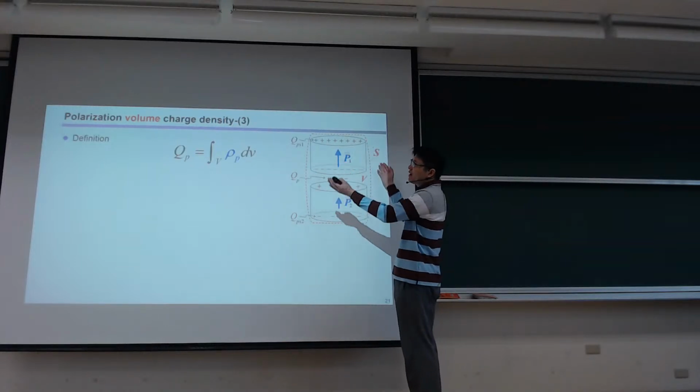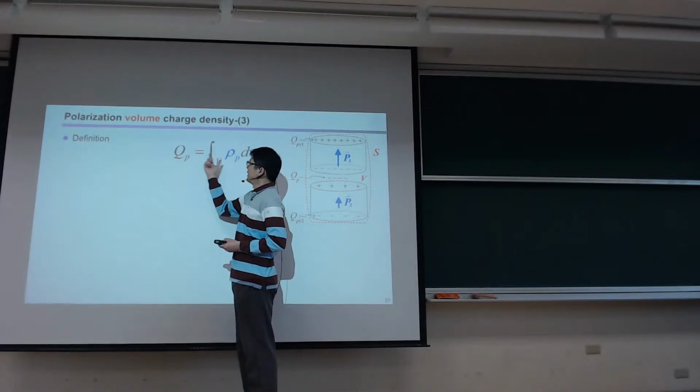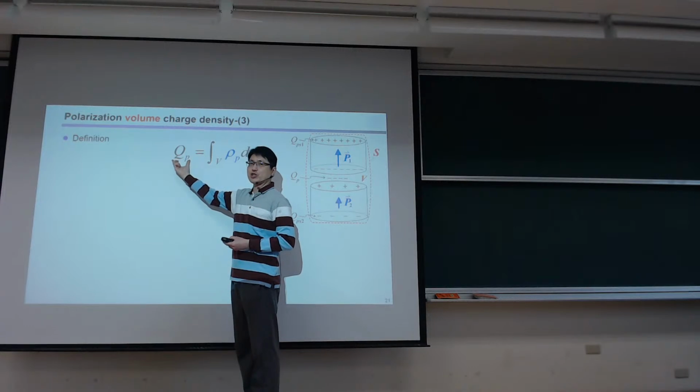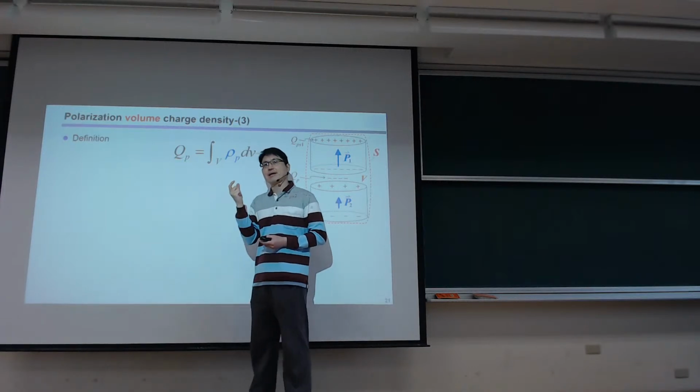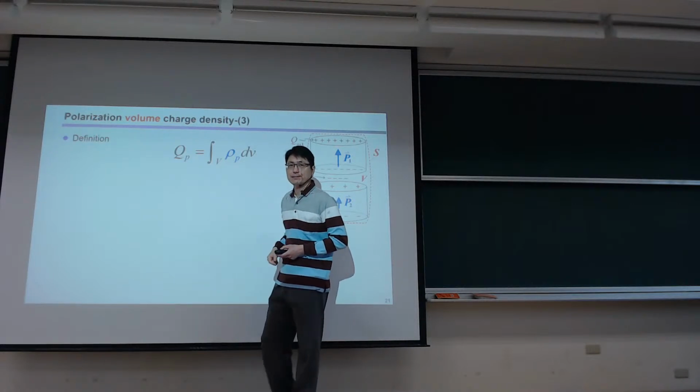Because by default, if I integrate over an entire volume, I have some net charge. That means I have non-zero volume charge density.